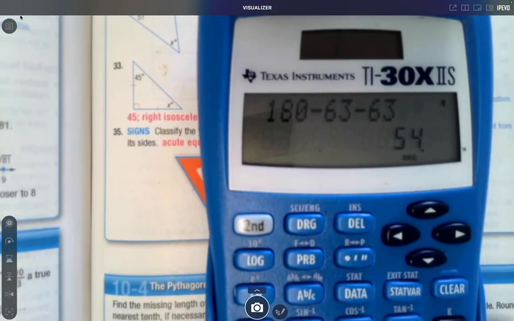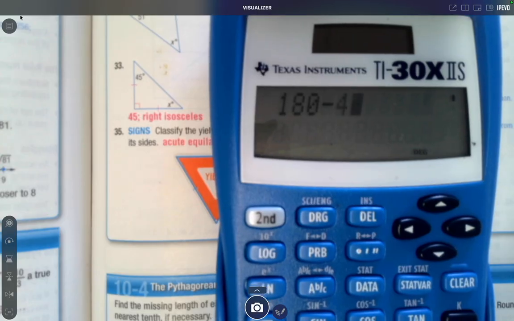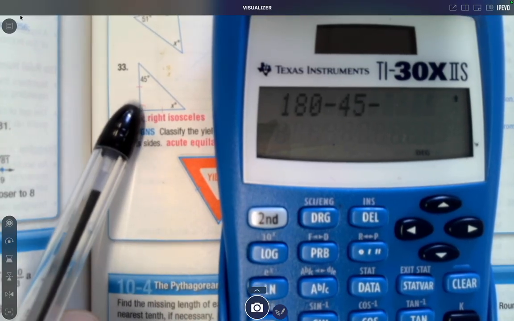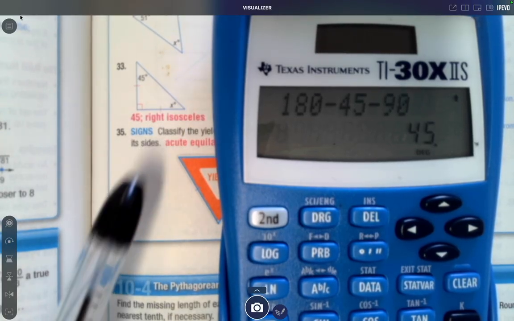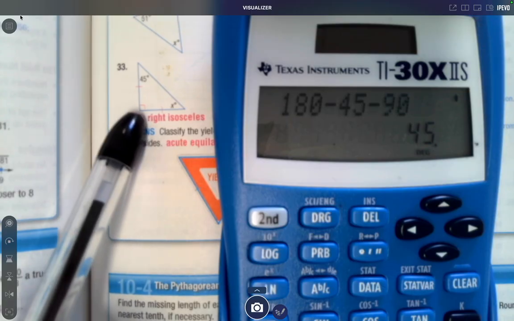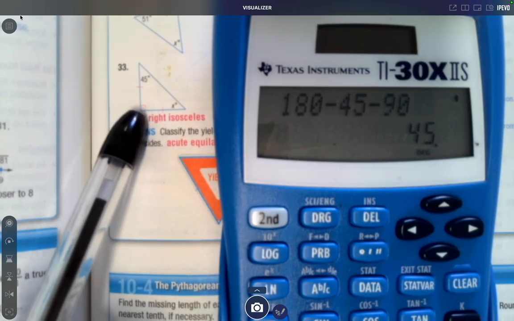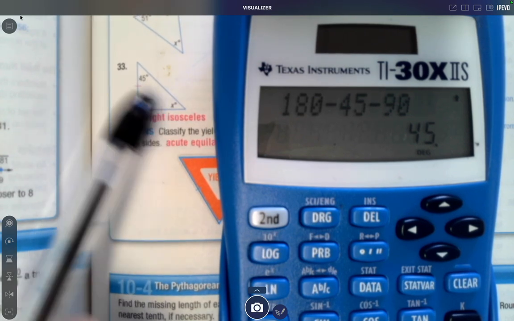Okay, on 33, we do 180 minus 45 minus, don't forget, they actually are telling us what that's equal to. That square right there means it's a 90-degree angle. It's a right angle. So the missing angle is 45 degrees. Because of that right angle, it's a right triangle. You just have to have one right angle and it becomes a right triangle. And two sides are marked as congruent.